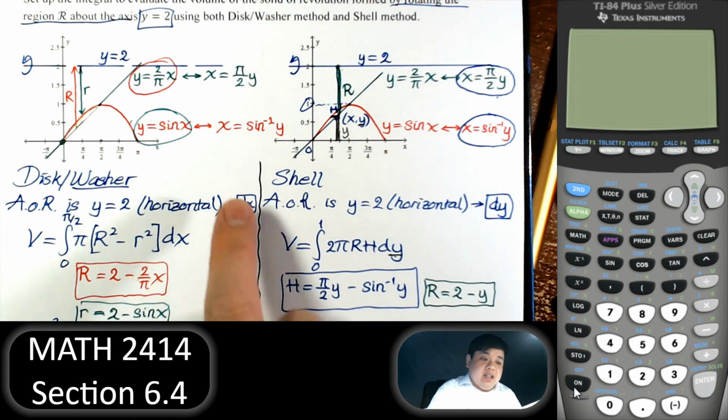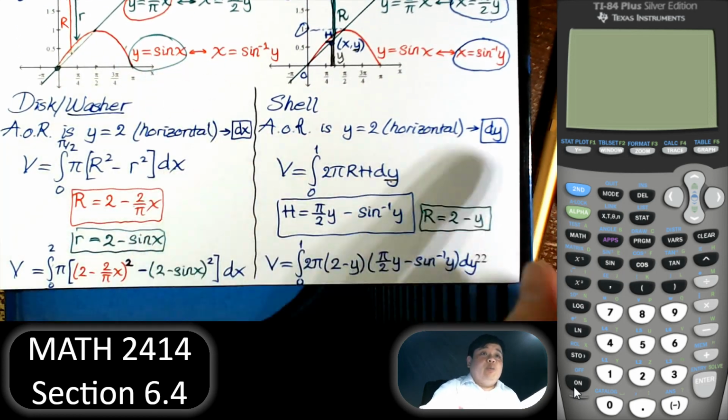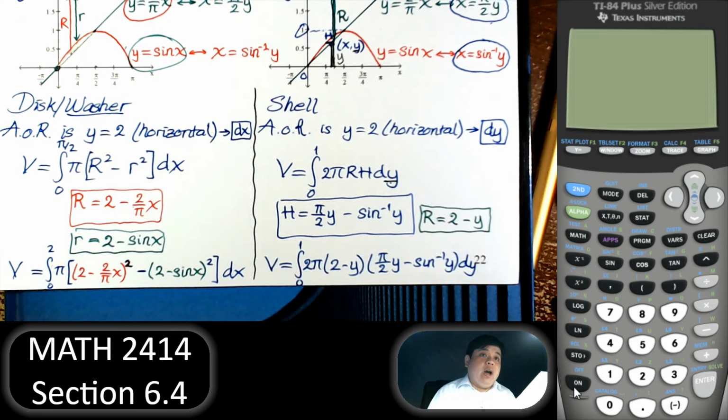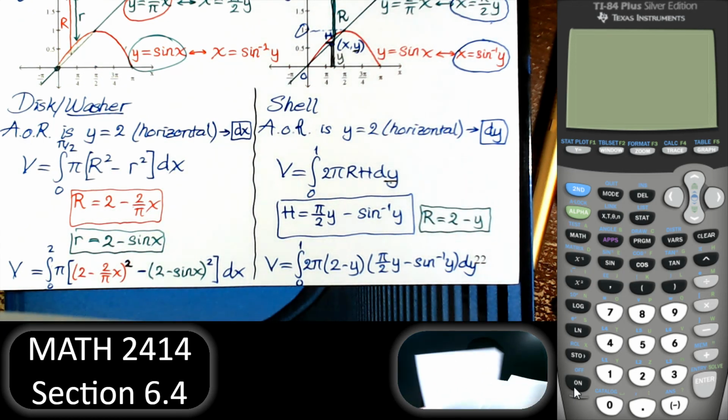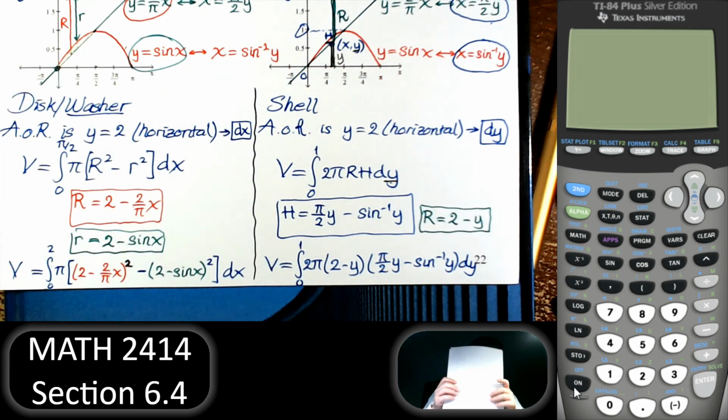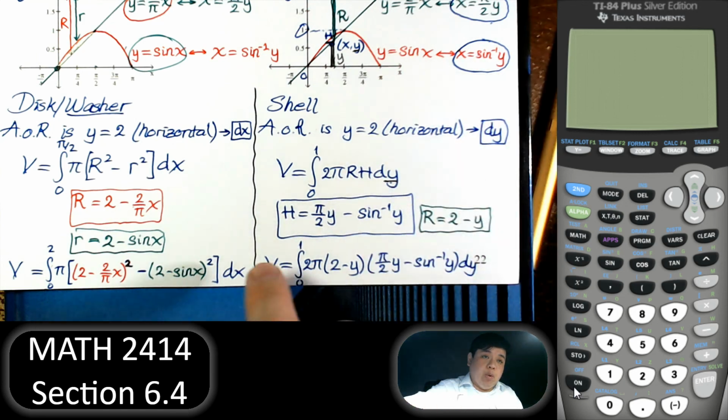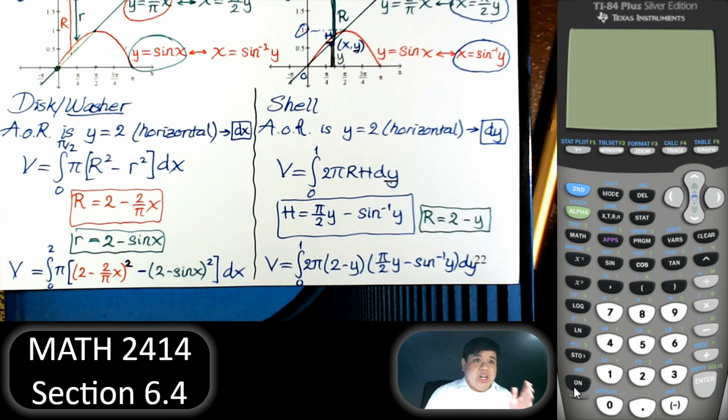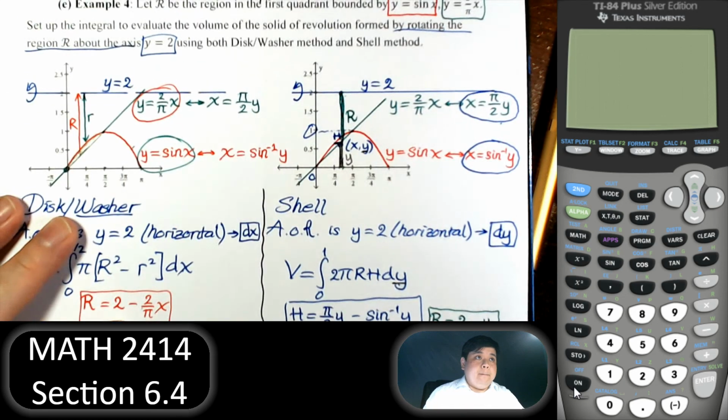If we use dx, we use the function of x. If we have dy, we use a function of y. Right. So this needs a lot of practice to get used to the disk and washer method, especially when the axis of rotation is not the traditional x-axis and y-axis.